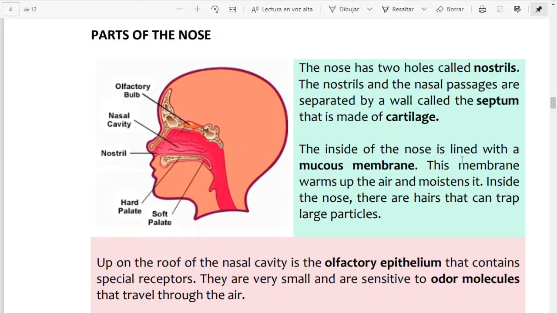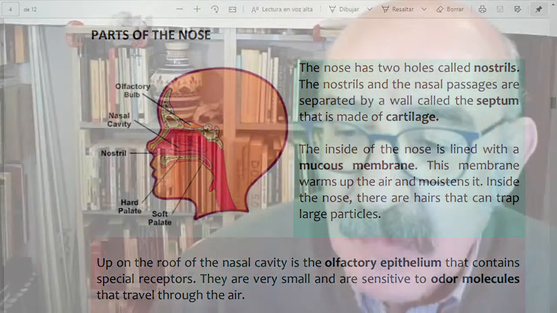So the inside of the nose is lined. Lined in English is something that you put in the inner part of anything. So imagine my shirt. The lining of my shirt is this part inside. You can see my shirt, but inside this is the lining.